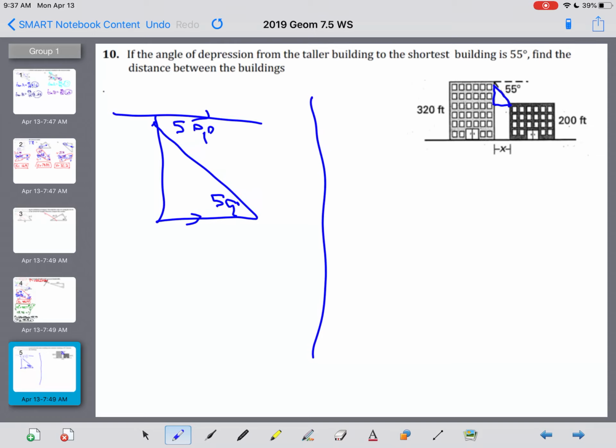The difference between the two buildings' heights, 320 minus 200 is 120. So that means this is 120 feet here. This is 59 degrees. This is a right angle here. And we're looking for this guy.